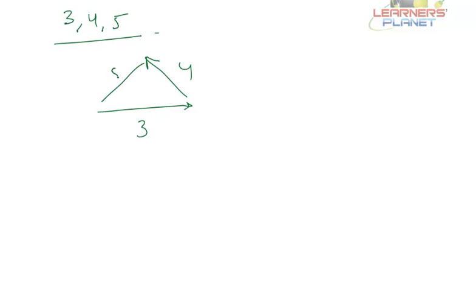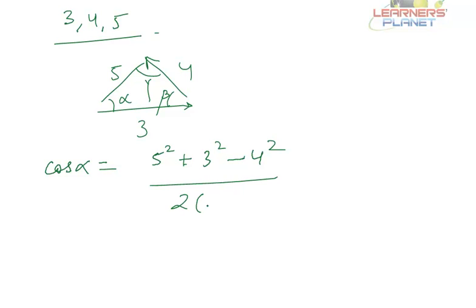Now the second part of this question is that the three sides of the triangle are given as 3, 4 and 5. So you have 3, 4 and 5, and you have to find out these angles. Let us say we wish to find out this angle alpha, this is beta and this is gamma. So cos of alpha will be given by 5 square plus 3 square minus 4 square upon 2 into 5 into 3.